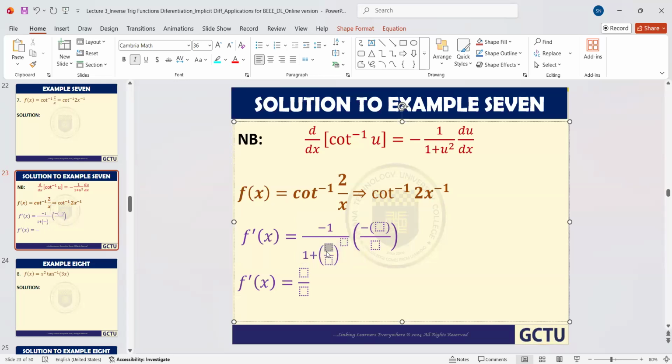Okay, so if you take this and then you square it, what will it give you? 2x raised to the power minus 1 all squared. What would that give you?